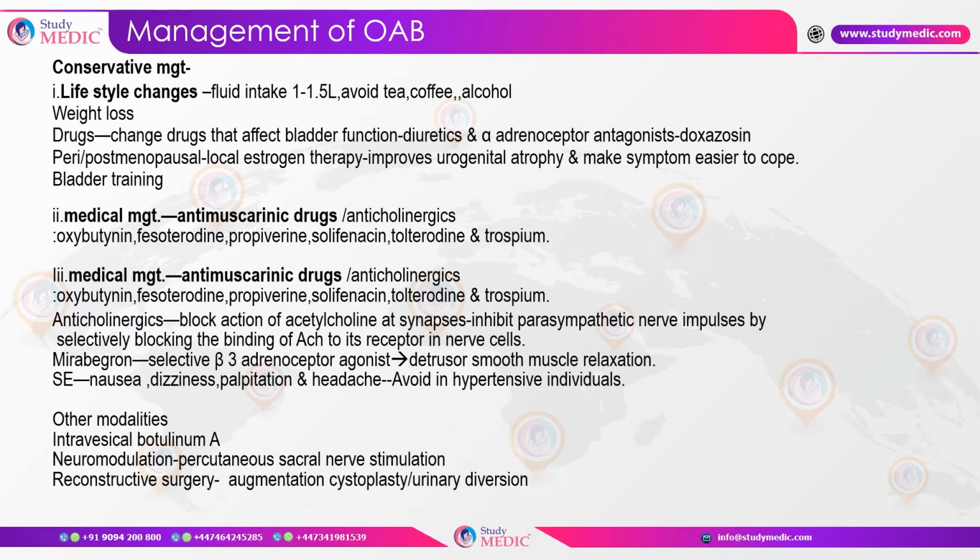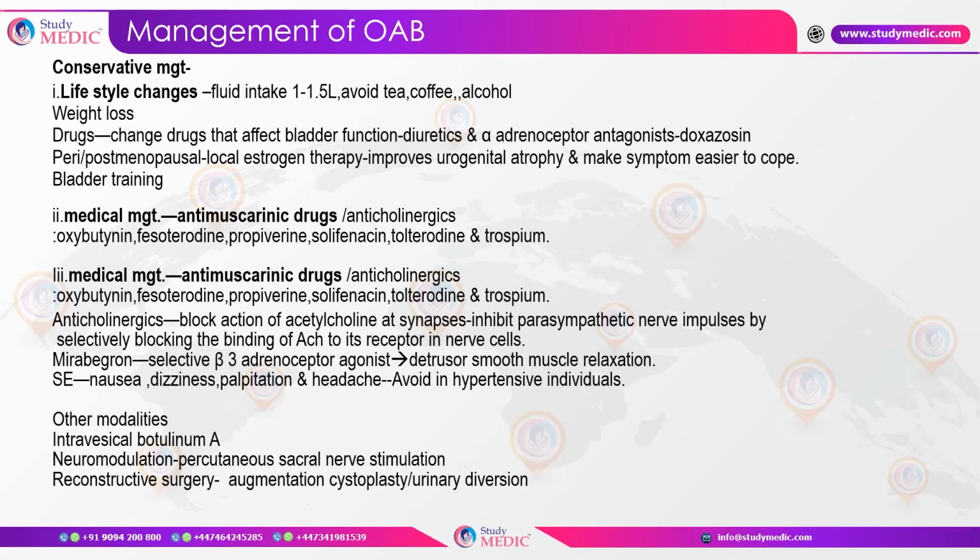Remember, with oxybutynin, avoid it in frail old ladies, and there are a lot of side effects, mainly blurring of vision, dry mouth, constipation, decreased libido, and most of the women stop using the drug because of the side effects.